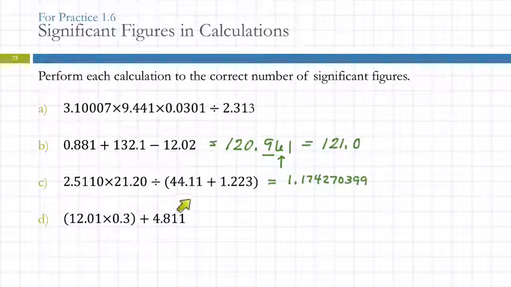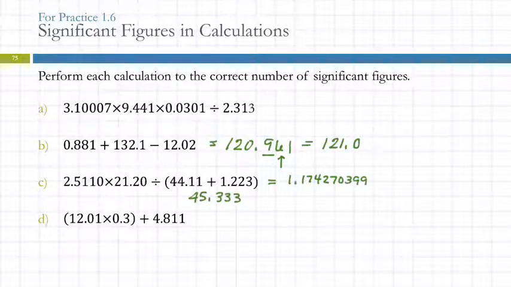So I need to look at this sum and look at the intermediate value so that I can figure out how many sig figs that has. So the 44.11 plus 1.223. I look at that, and that would be 45.333.